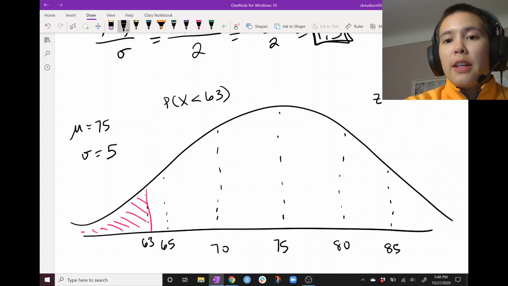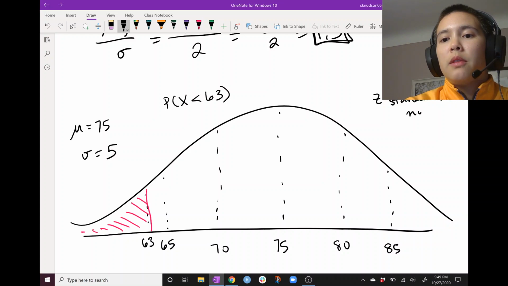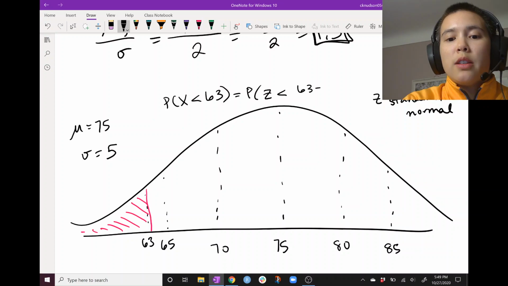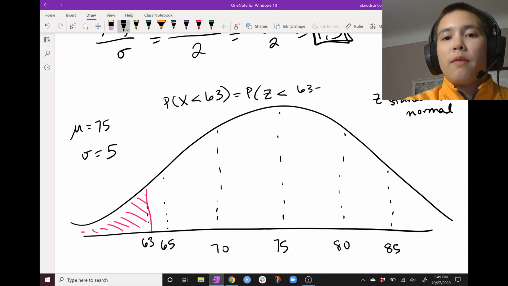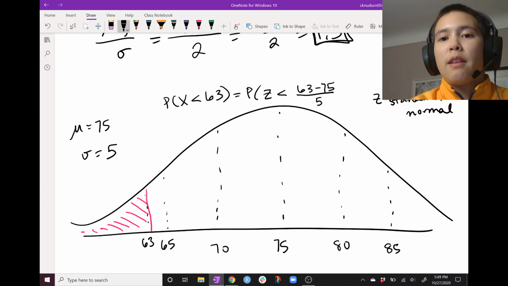Usually we use the letter Z for a standard normal. So this is the same thing as the probability that Z is less than (63 minus mu, which here is 75) divided by sigma, which is 5.